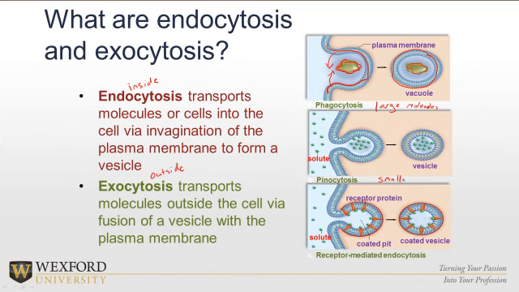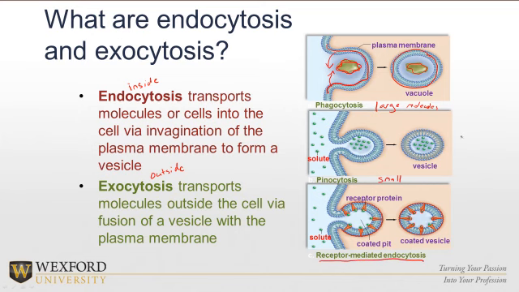And then there are times when we have receptor-mediated endocytosis, where these molecules are going to bind those protein receptors, and then the cell invaginates, and that's how they make it to the inside of the cell. Right? Now, exocytosis, imagine the exact opposite.